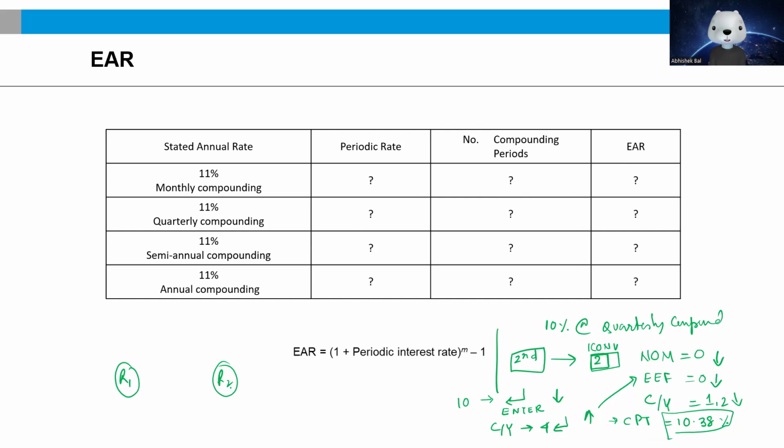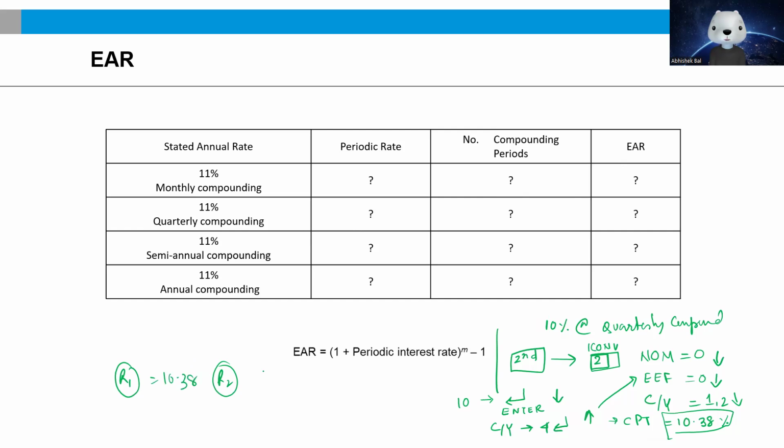That means it conveys to us that investing in a security which is yielding 10% quarterly is equivalent to investing in a security without any compounding sub-periods, but compounding only for a year. That rate is going to be 10.38%. So 10% quarterly compounded is equal to 10.38% annual compounded. That's all that it means. In other words, R1 happens to be 10.38.